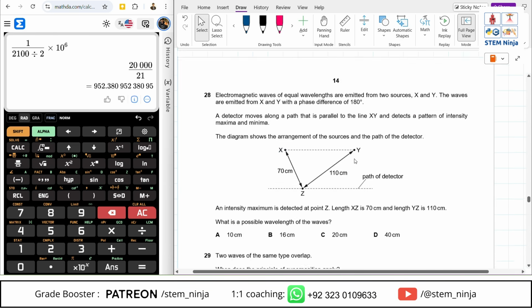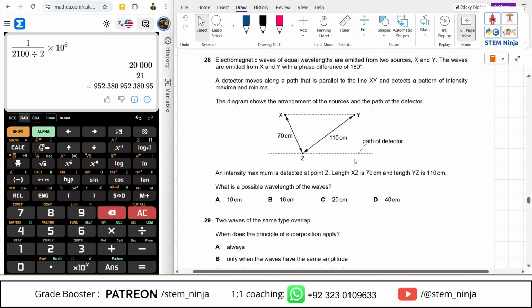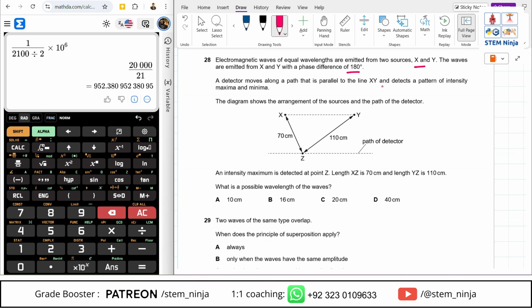Okay, moving on quickly. Electromagnetic waves of equal wavelengths are emitted from two sources X and Y. Waves are emitted from X and Y with a phase difference of 180 degrees. Detector moves along a path that is parallel to XY, detects a pattern of intensity maxima and minima.